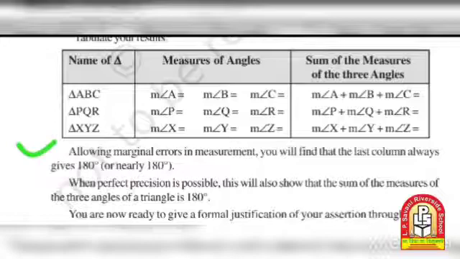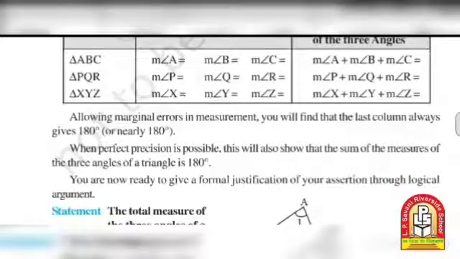Allowing for small error in the measurement, you will find that the last column always gives 180 or nearly 180. When perfect precision is possible, this will also show that the sum of the measurements of the three angles of a triangle is 180. So here the sum of the measurements of the angles of a triangle is 180.